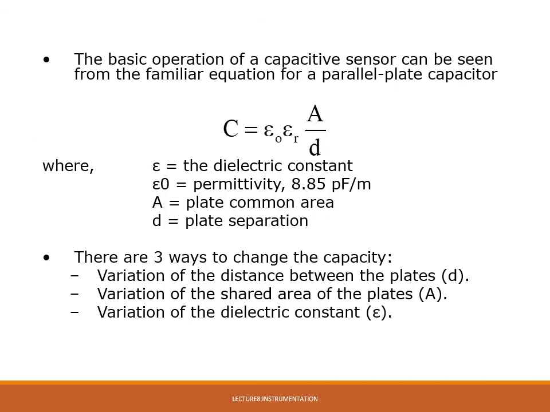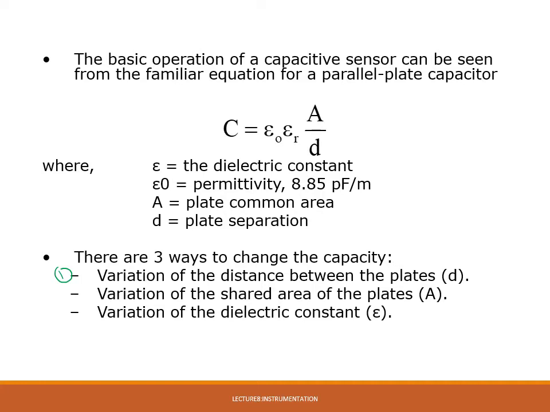So based on the equation to calculate the capacitance, there are three ways that we can use to design the transducer which can cause the capacitance value to change. The first one here is by variation of distance between two plates.